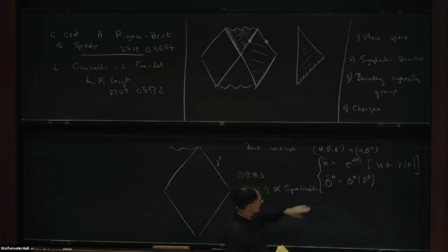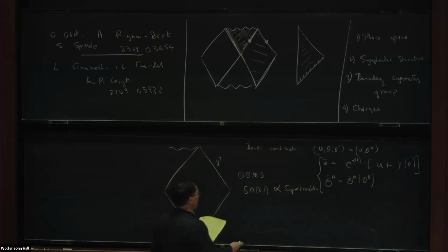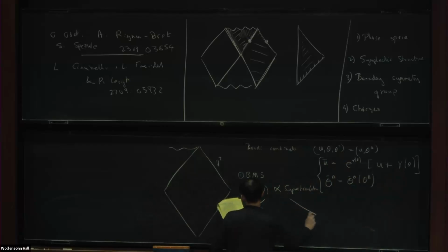In this case, this mapping is basically a Lorentz transformation. This rescaling is determined as a function of the Lorentz transformation, and this is a free function which is parameterized as supertranslations. And then that has been extended in two different ways.